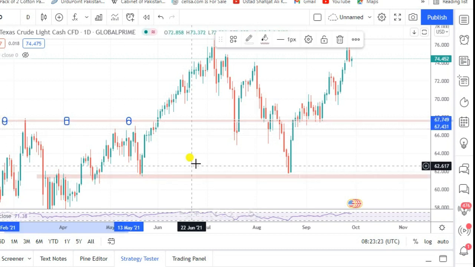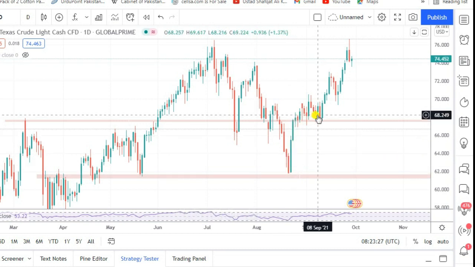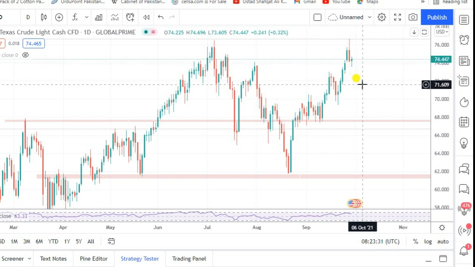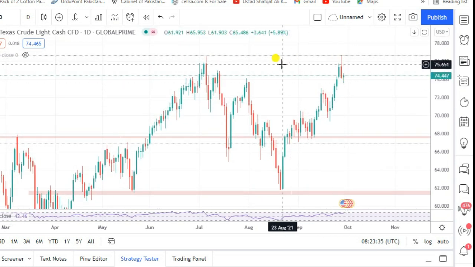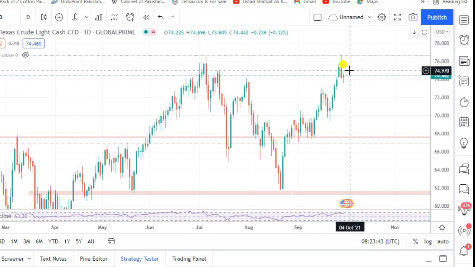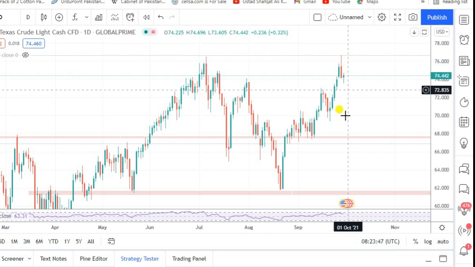You can see that whenever the market comes to this area, it gives a retest of this area, then turns bullish, and the market falls from $76 per barrel, because as you know, this was its previous resistance. Now again the market fell a little bit, and now again it is trying to move towards the upside.